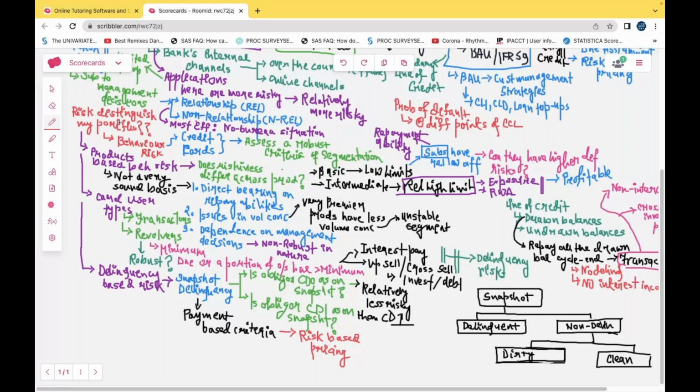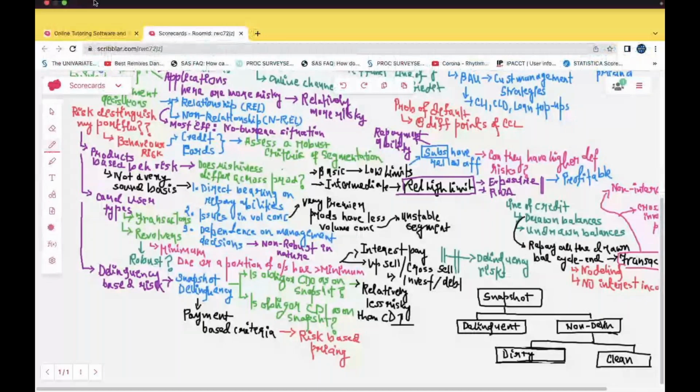Great. So let's start off with the collection scorecard. This collection scorecard means a delinquency scorecard, right?